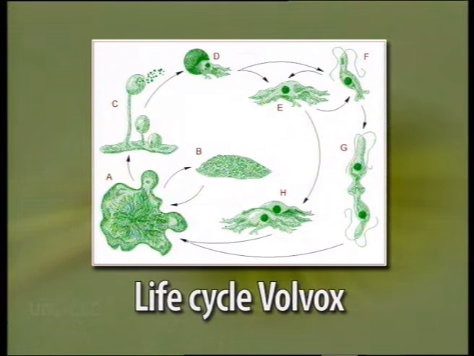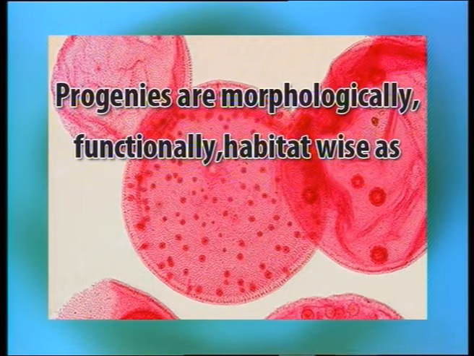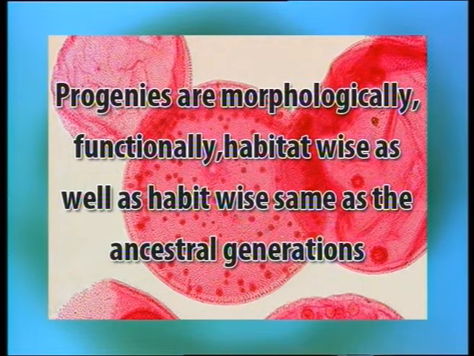It means that the Volvox life cycle is an important example of how primitive plant generations converted themselves from individuals initially to colonies, and from colonies to multiple colonies, and this multiple colony development does not in any way affect whatever the parental individual or parental colony has inherited from the parents in terms of its activity, in terms of its habit, in terms of its habitat, as well as in terms of its potential to compete with whatever plants, whatever microbes are living in the same habitat in which this particular plant, that is Volvox, is living.